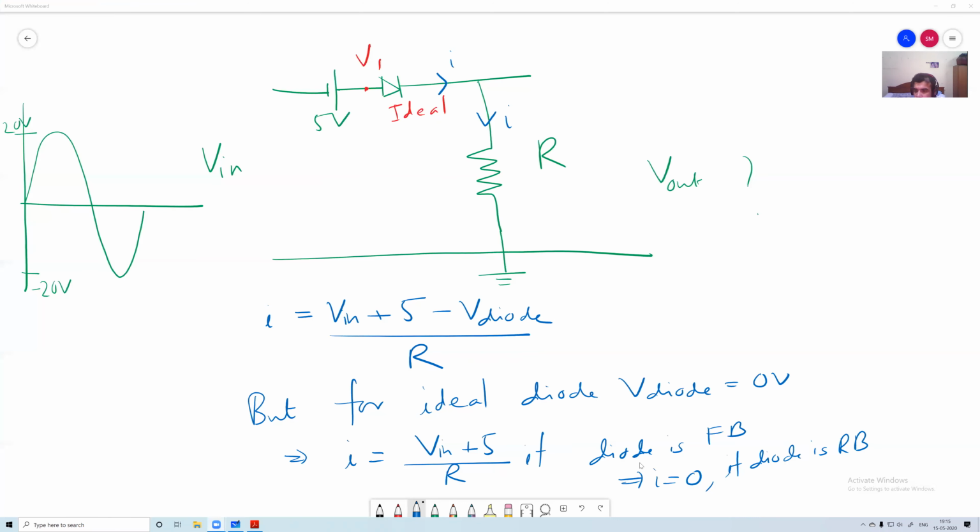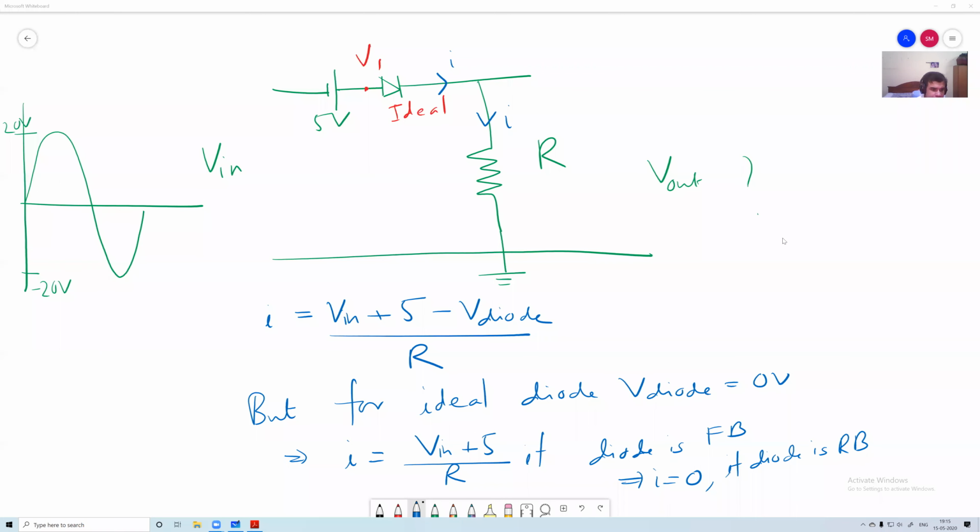So do you agree with this analysis? I is V in plus 5 by R if the diode is forward biased, and I is actually 0 if the diode is reverse biased.